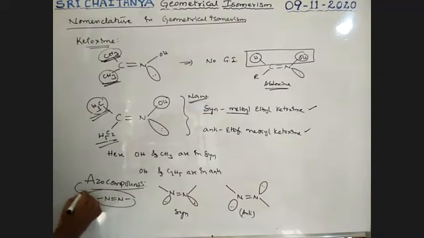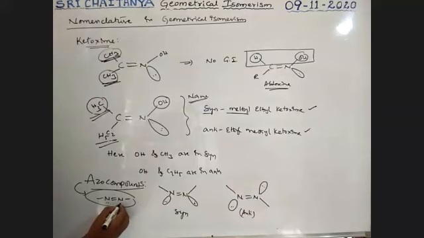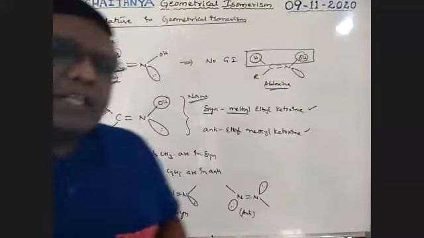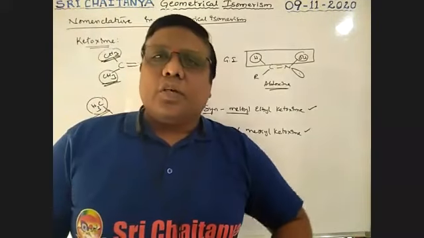N double bond N compounds are called azo compounds. Both lone pairs on the same side is syn, on opposite sides is anti. So syn-anti isomerism exists in aldoximes, ketoximes, and also azo compounds.